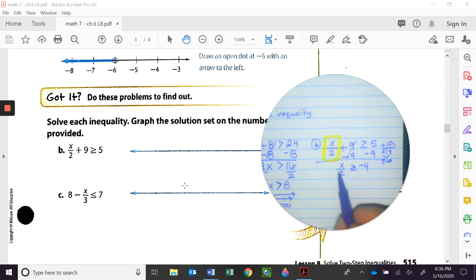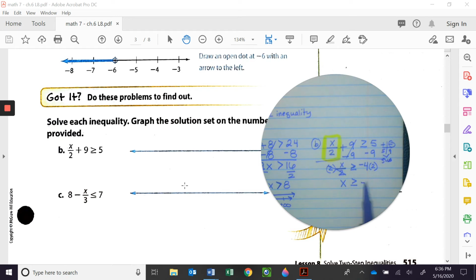All right, so because this is a division problem, we are going to multiply. And see how we multiplied by a positive? That means our inequality stays the same. Okay, it's the number that we're actually writing on both sides that we look at. Yes, this has a negative, but that's not the number that we took to the other side, right? We took the 2 to the other side.